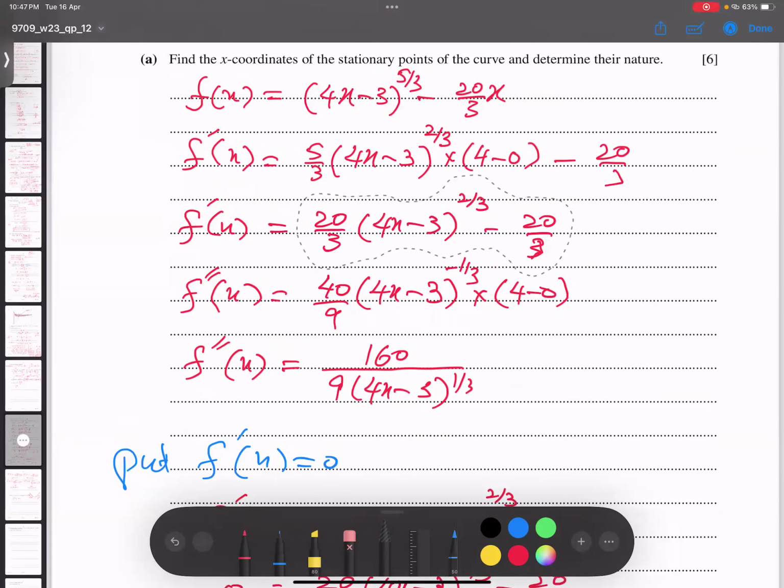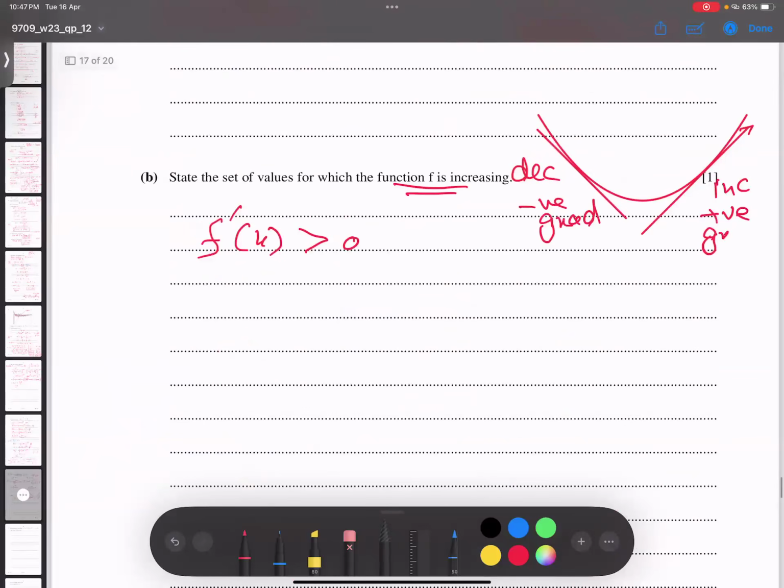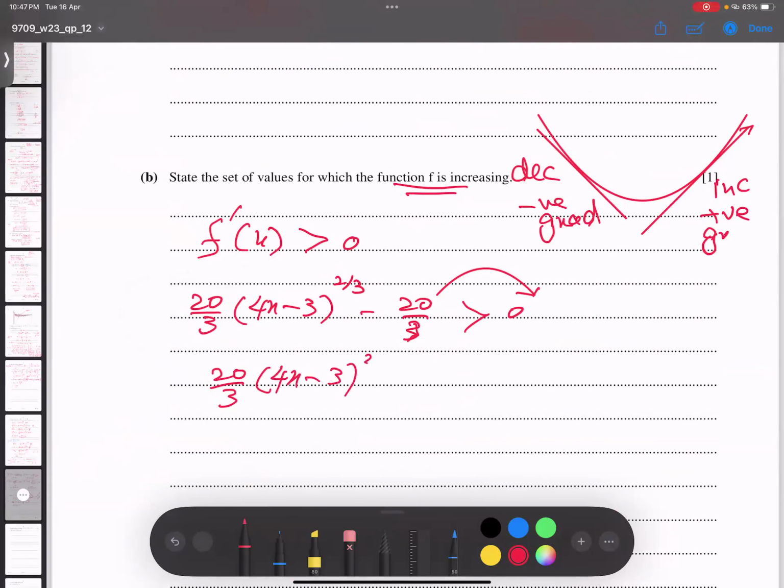So first derivative, copy, and I put it here. Now I can work on it. Naturally, the power will remain the same. So 4x minus 3 to power 2 by 3, and it goes there.